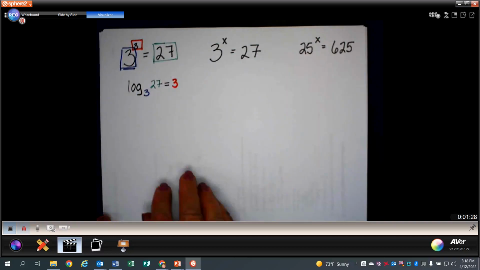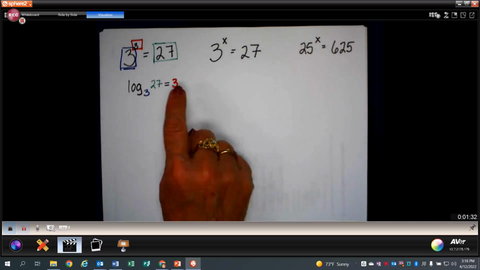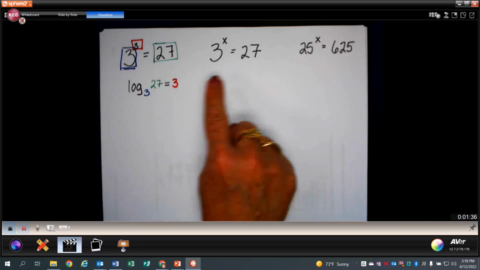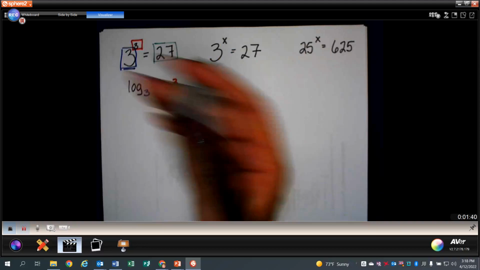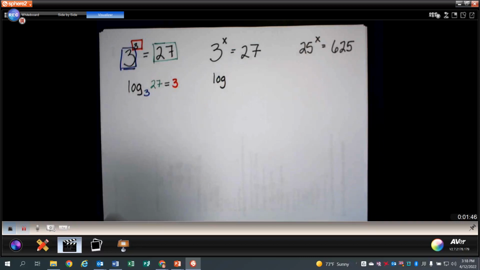Now, what this will do for you is let you solve problems when you don't know what the exponent is. So let's convert this to a log, just like we did, only this time the exponent is what we will be solving for.